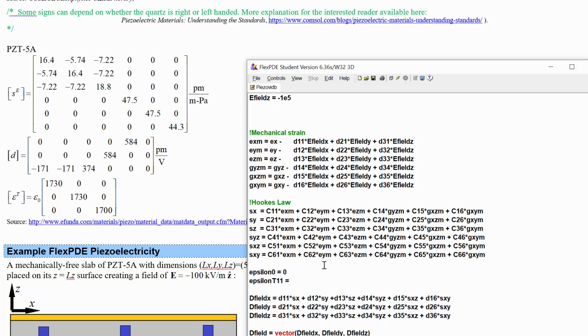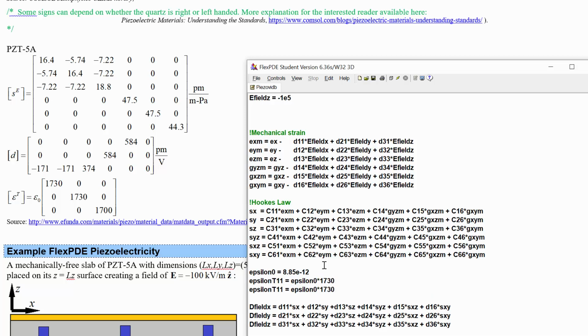Epsilon naught is equal to 8.85 E minus 12. Epsilon T 11 is equal to epsilon naught times 1730. Epsilon T 22 is epsilon naught times 1730. Epsilon T 33 is epsilon naught times 1700.